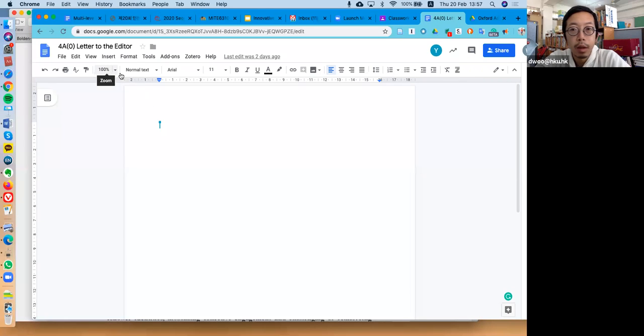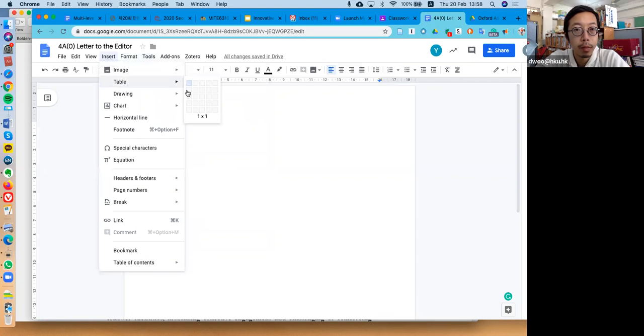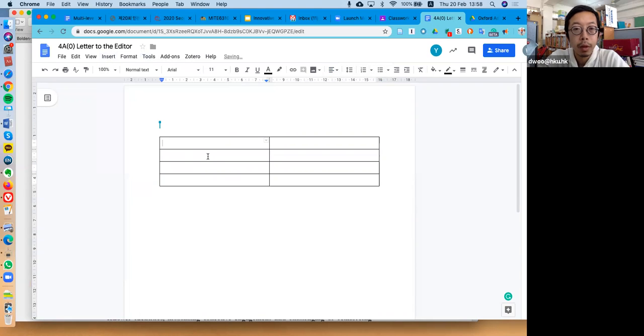Okay. And here we go. Quick table. Insert table. So we have arguments, and then we have supporting information.